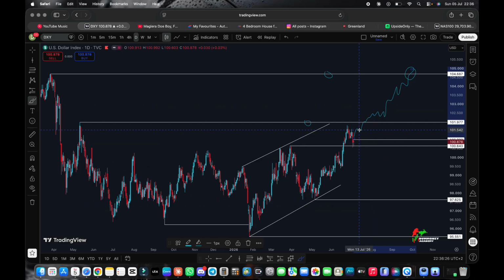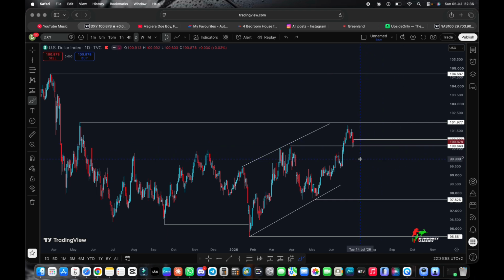Either way, guys, it doesn't matter what it's going to do once it gets to that point. All we have to do is take the message from the market, what it is doing at the moment. Future movements are not important. What is important is understanding where the market is and taking a message from it.